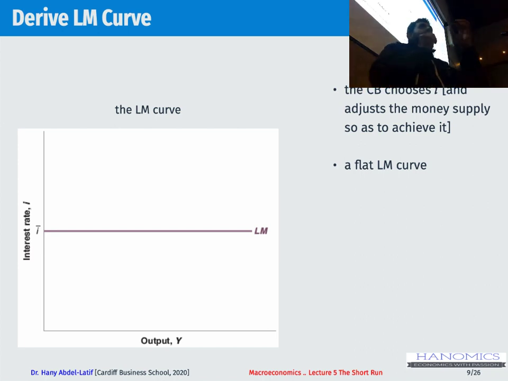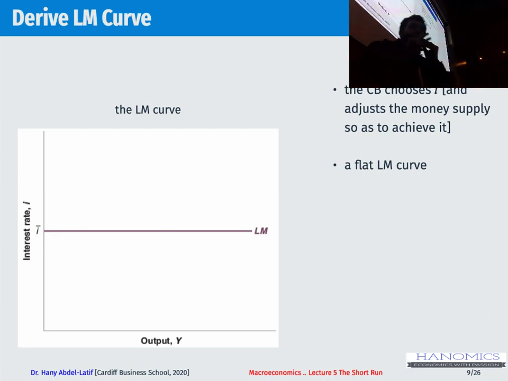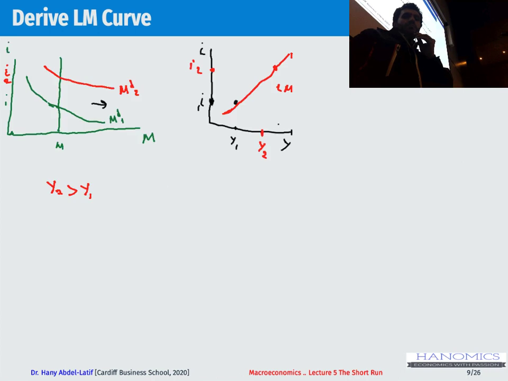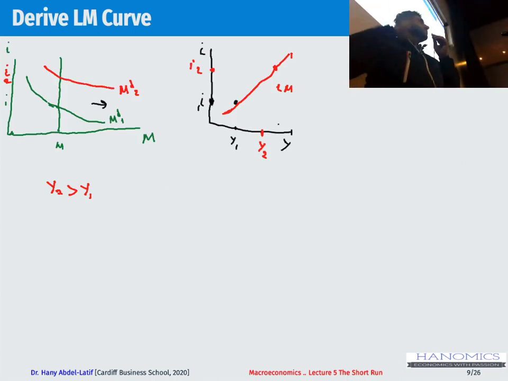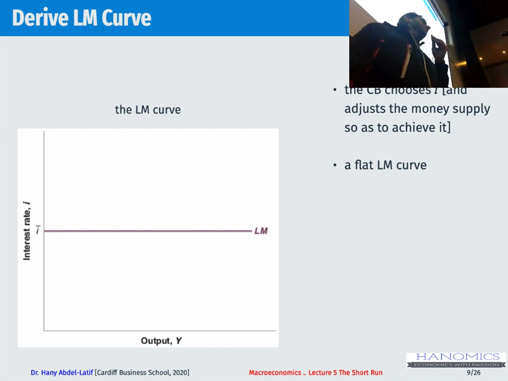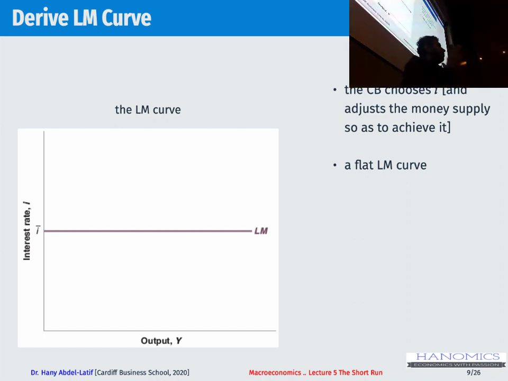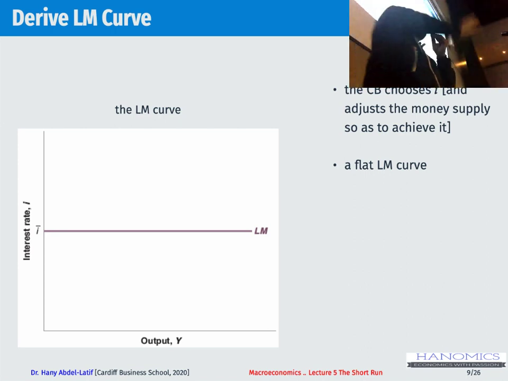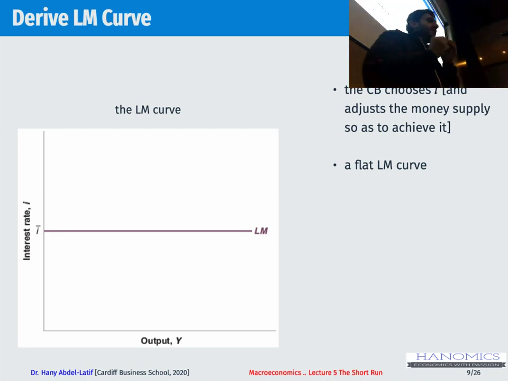So the policy variable is the interest rate, not the money supply. In the analysis before, when we derived the LM, we had the money supply given, and changes in money supply moved that vertical line to the right or to the left.